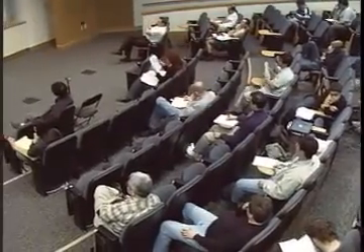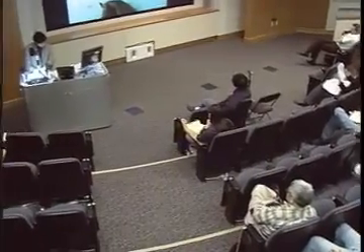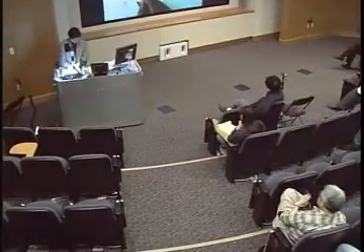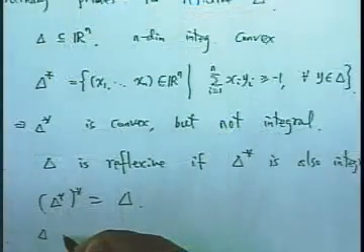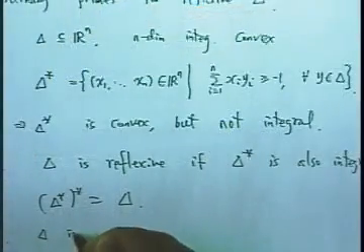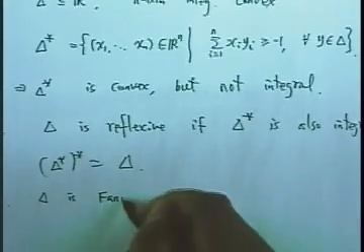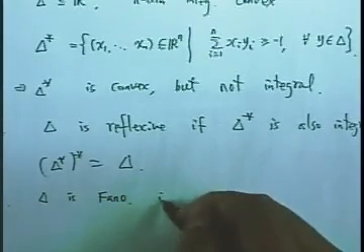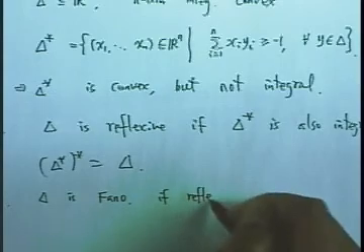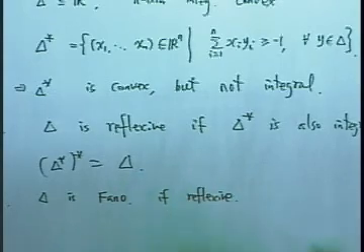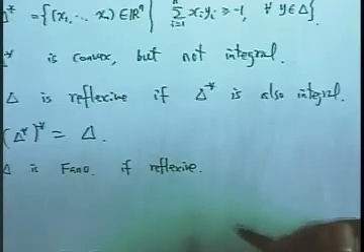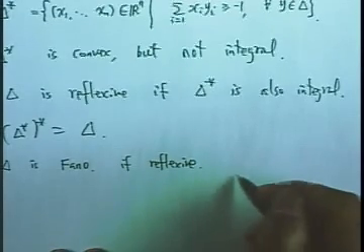And then there's also a notion of what we call a funnel. I don't know whether they still use the same terminology. So delta is called a funnel, which is stronger than reflexive. I just draw a picture instead of giving the complete description.